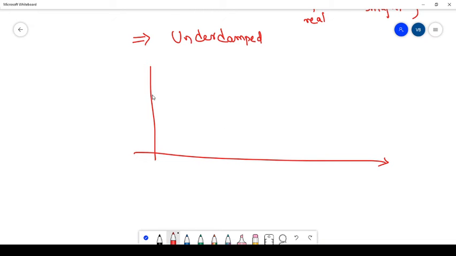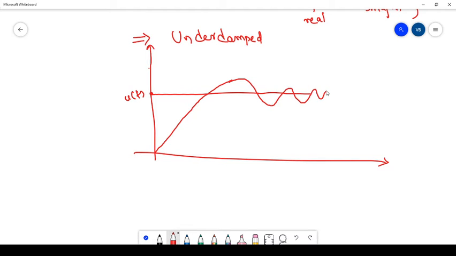For example, this is our actual value, that is u of t. Let us take that as the input. I need to get the output also like this, but initially it will increase to the output, then it will oscillate, and finally it will settle in a particular band like this.